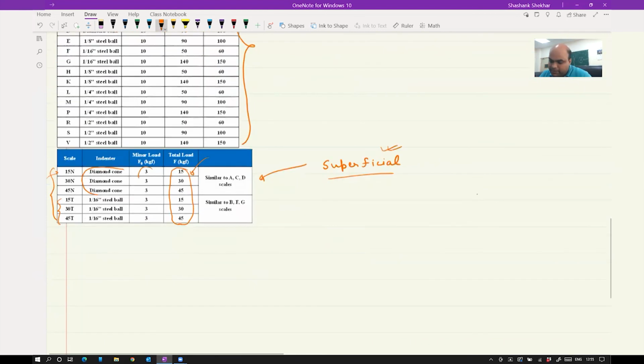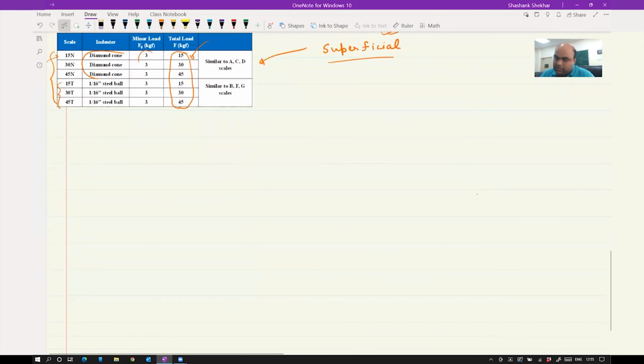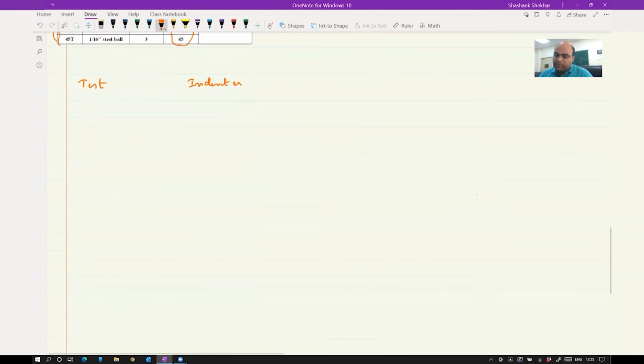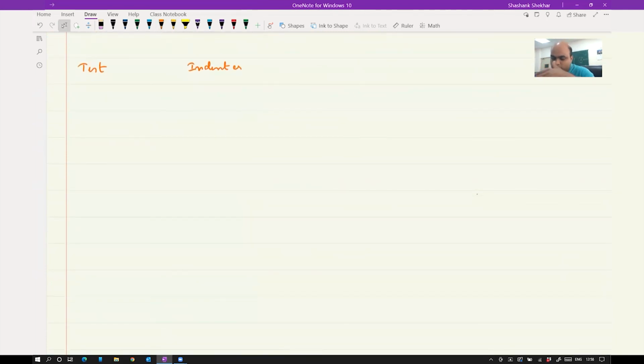So let me summarize the three scales. We have the test; I'm going to list the test here. Then what is the indenter? Since I am going to make a table, this will help you in capturing what type of indenter you use in which type of test.